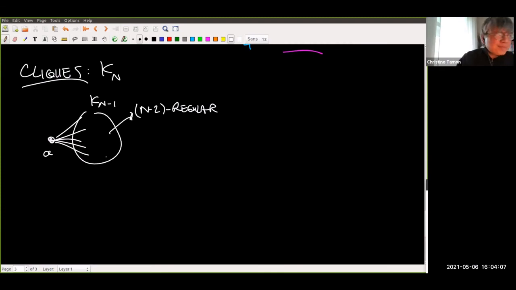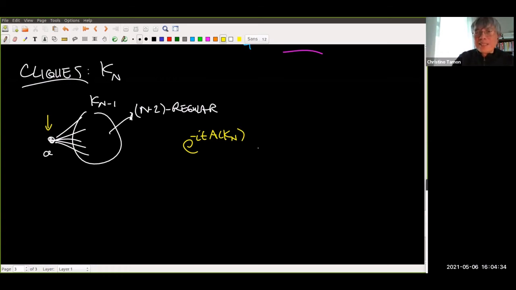So what happens if we do a quantum walk? It doesn't matter, this is regular, so I can use adjacency or Laplacian. Can somebody tell me what happens if I do a quantum walk starting here? Actually, it doesn't matter starting anywhere because it's a vertex transitive graph.